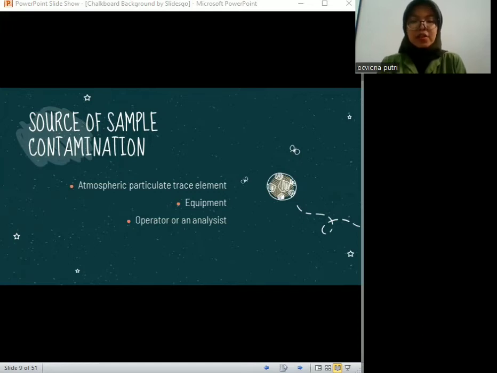The analyst can be a source of contamination to the samples to be analyzed, either through direct contact with the operator or through the air. Human skin is reported to contain metals like Bi, Co, Ag, Fe, Zn, sodium, chloride, and others. These can be transferred to the sample through the operator's breath, dust, and cigarette smoke.